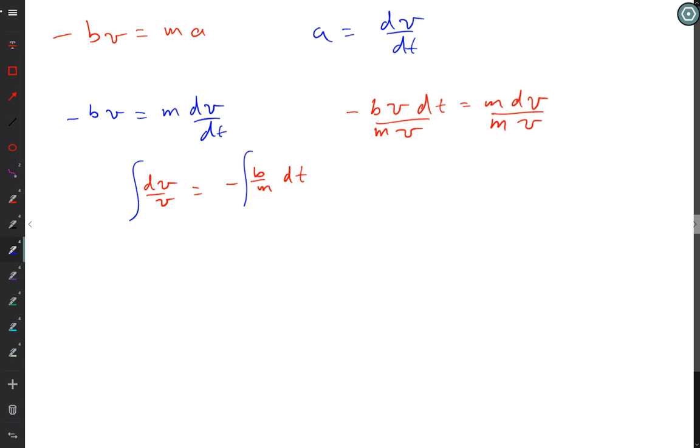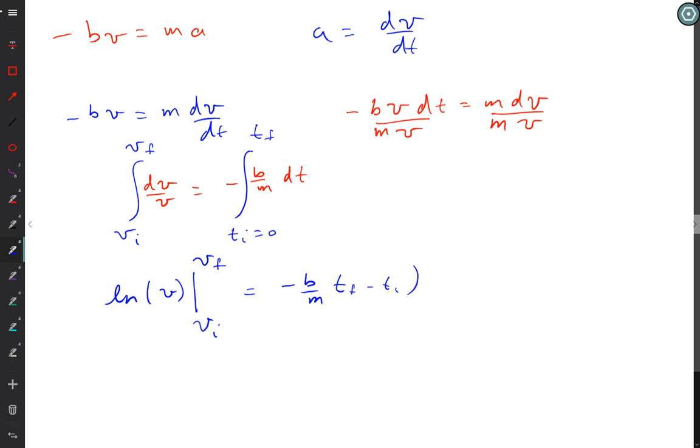Integrate both sides. The left side becomes natural log of v, with my limits. The right side becomes minus b over m, and there I put the t initial in.